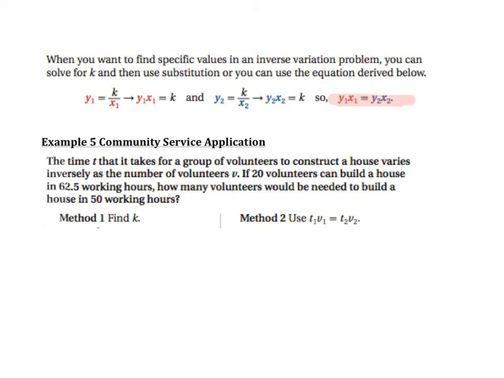Okay, the time it takes a group of volunteers to construct a house varies inversely as the number of volunteers. 20 volunteers can build a house in 62.5 hours.